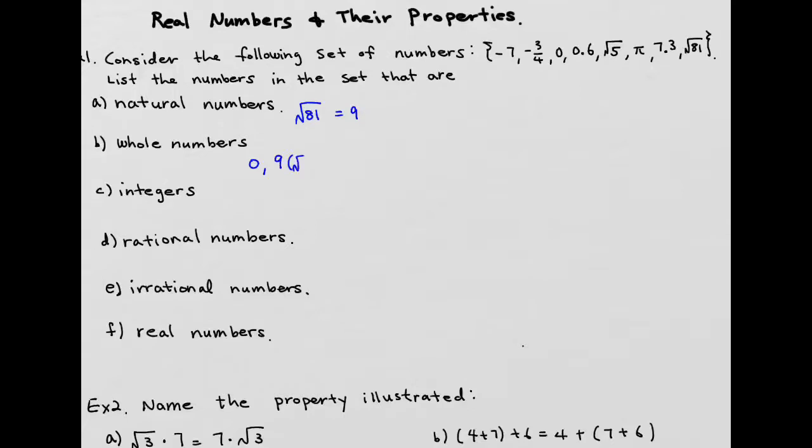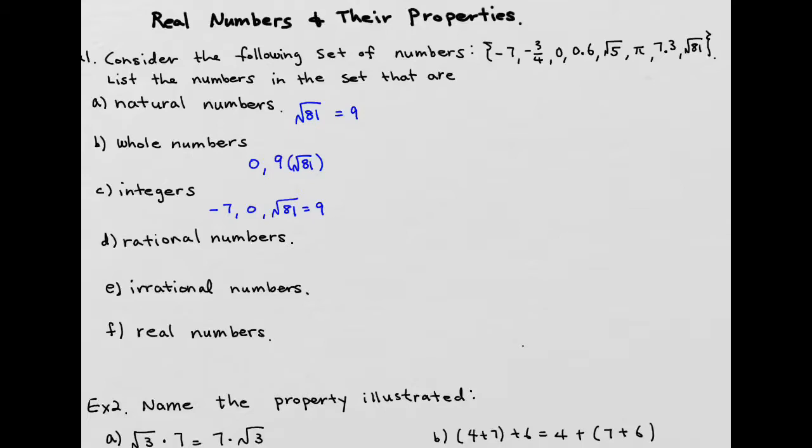Or you could say square root of 81, right? The integers include negatives this time, right? So it will be negative 7, 0, and square root of 81. Rational numbers this time include decimals and fractions, right?